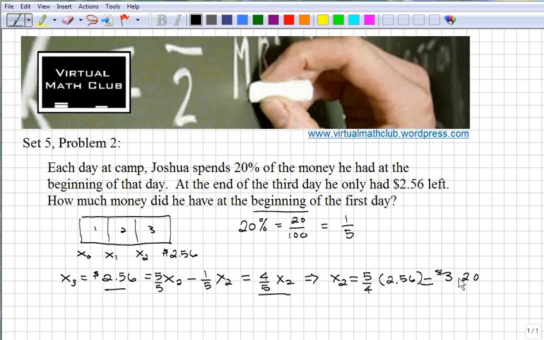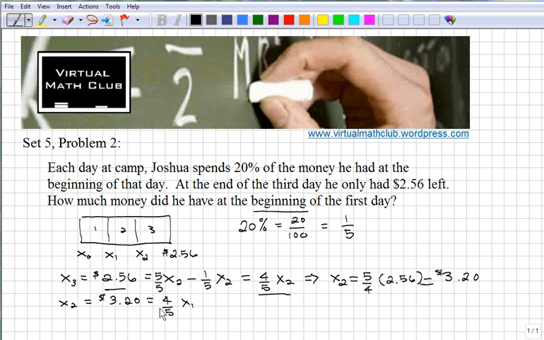Okay, so once we've done one day, we can follow the same reasoning and calculate the next day. So x2, we just found out, was $3.20, and that should just be 4/5 of x1, right?